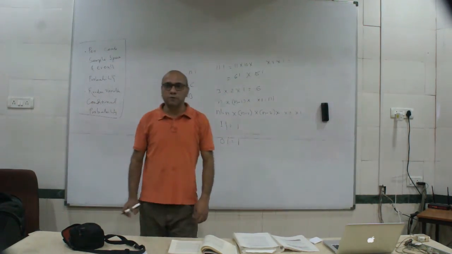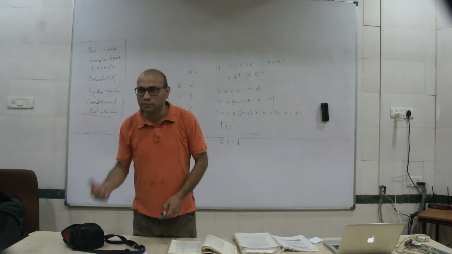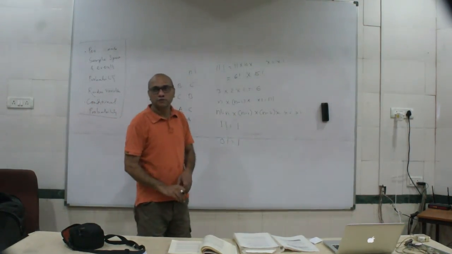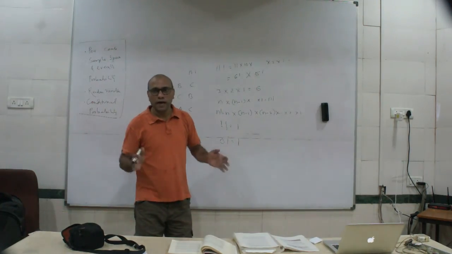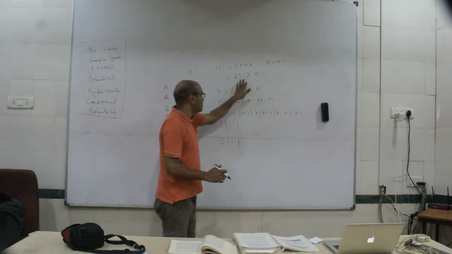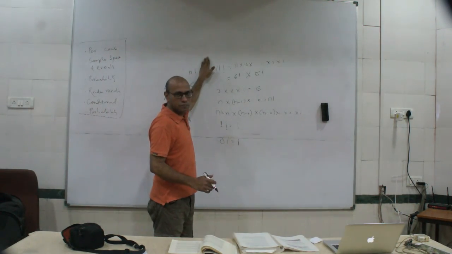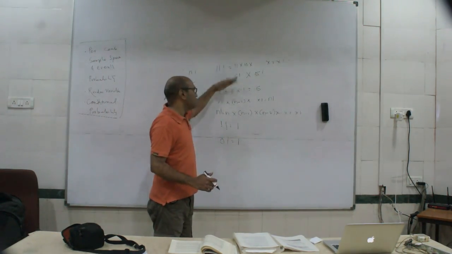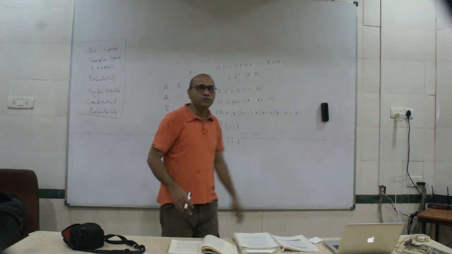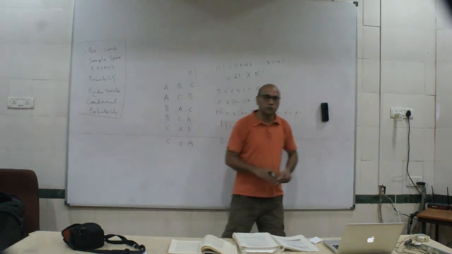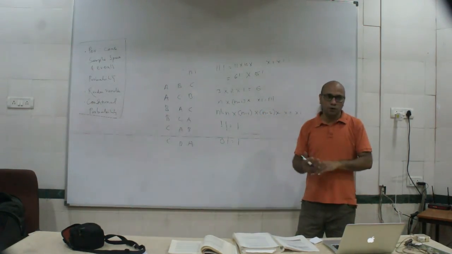For the first experiment, I have m outcomes. For the second experiment, I have n outcomes for each of the m outcomes in the first experiment. So the total number of outcomes would be mn. So this number would be slightly smaller than this, and so on. This is how I can use this principle of permutations to get all possible orders.